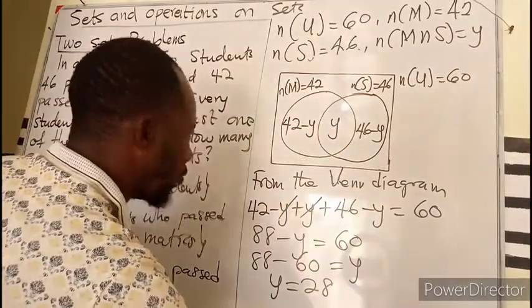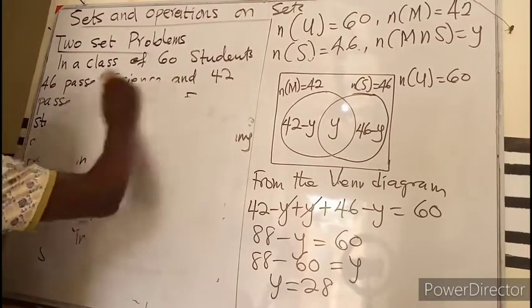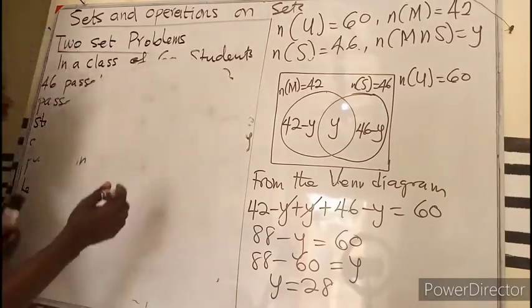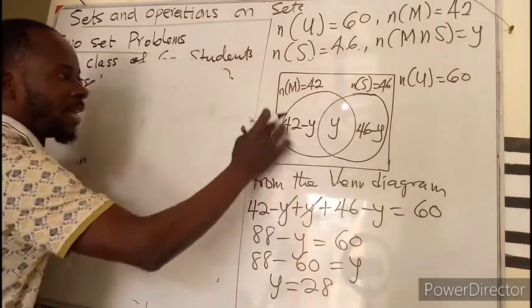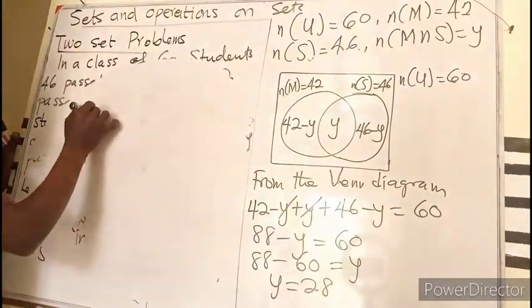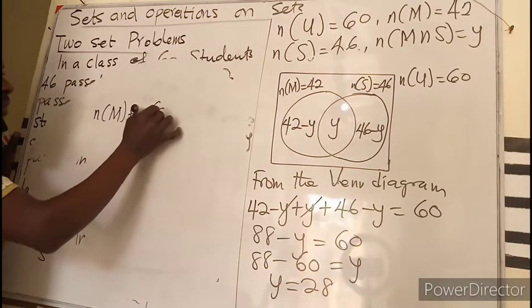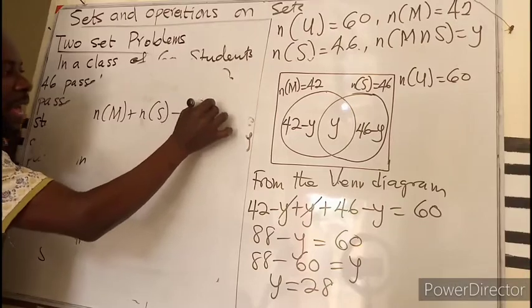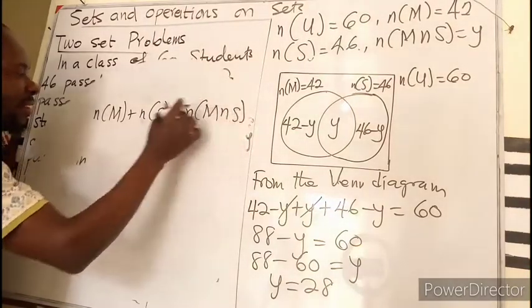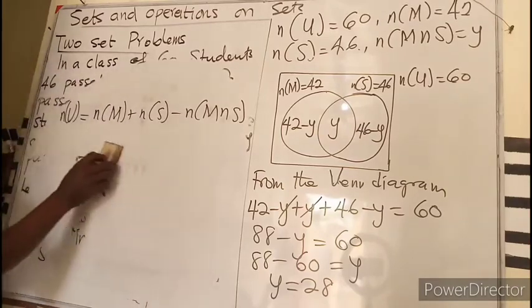Meaning, if I want to follow that formula, let me say the number of M plus the number of S minus M intersection S should give us the number of U. That is the formula.